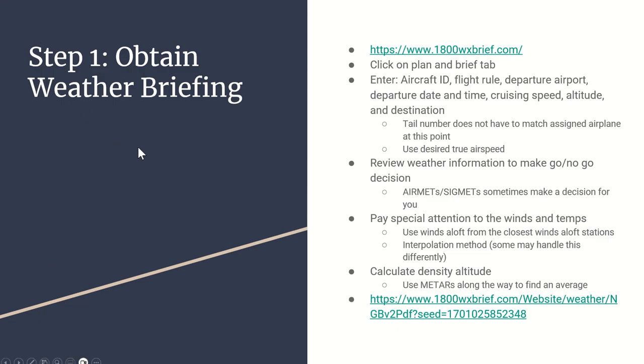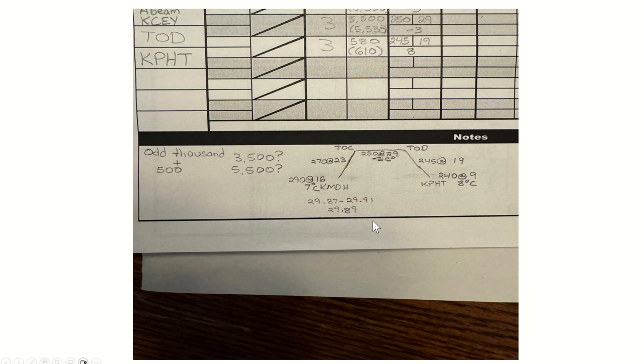Okay, so we got the weather brief, and I even have all the fields that you need to put in, right? So winds aloft become very important, and then we can use temperature information to get density altitude. Okay, so what I've done down here, based on the weather briefing I got when I made this, is I looked at the winds aloft and the winds at the surface for both of the airports.